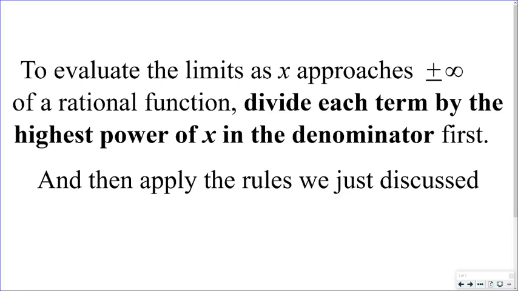Anytime you see a limit as x approaches positive infinity of a rational function, you are going to divide each term by the highest power of x in the denominator first. And then you can just apply the limit rules that we just went over, and you will naturally get the correct answer without needing to memorize any rules.